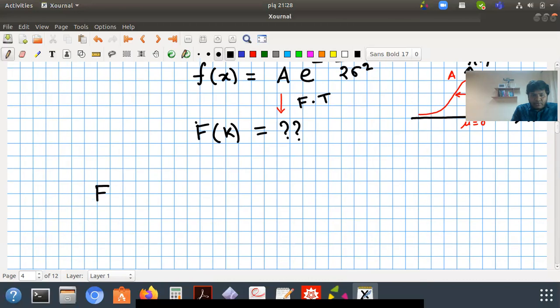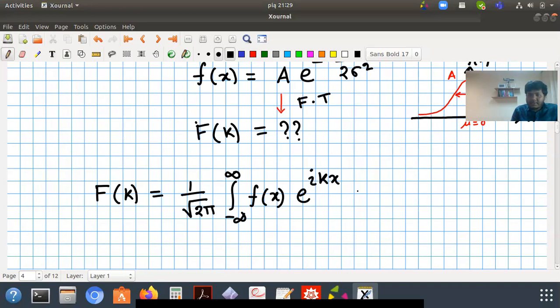So if we want to calculate f of k, this will be 1 over square root of 2 pi, integral from minus infinity to plus infinity, f of x e to the power i k x dx.